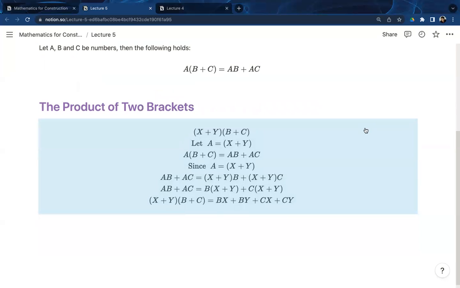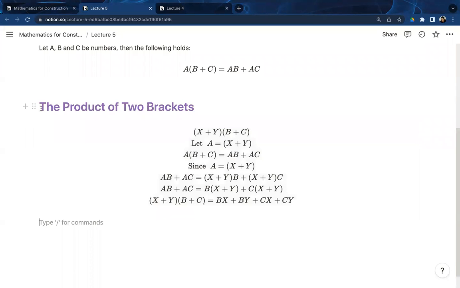So to multiply our two brackets, what we are saying here is each element in the first bracket must be multiplied by each element in the second bracket. That's really what is happening here. So I will take x multiplied by b and c, then take y and multiply by b and c. If I have two terms in the first bracket and two terms in the second bracket, I will get 4 terms. 2 by 2 is 4.